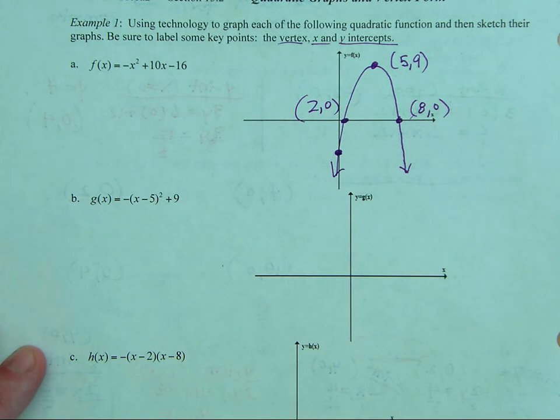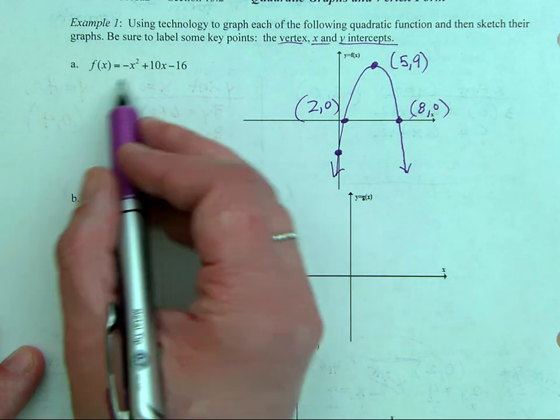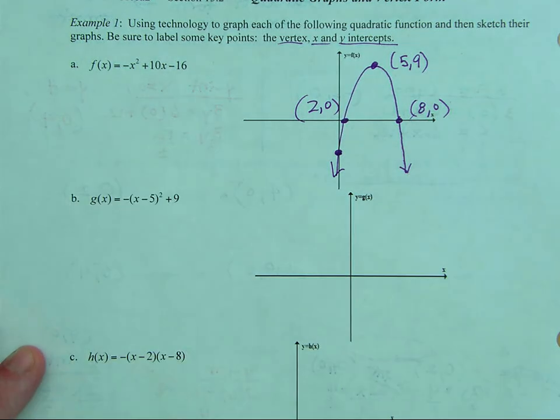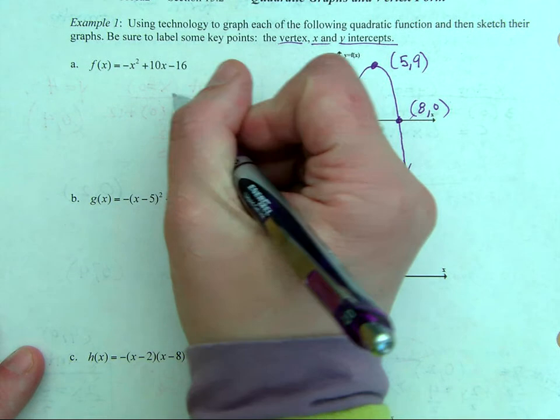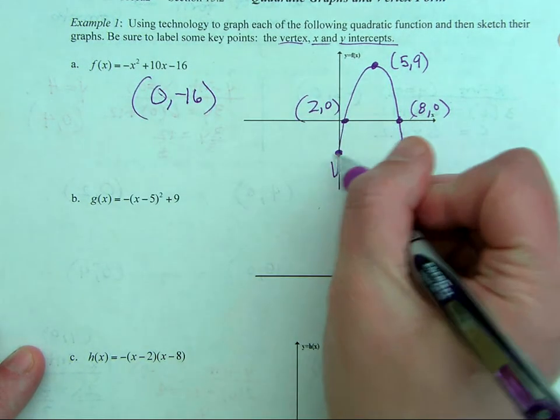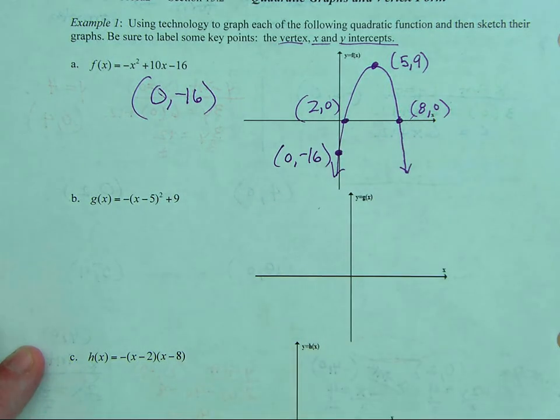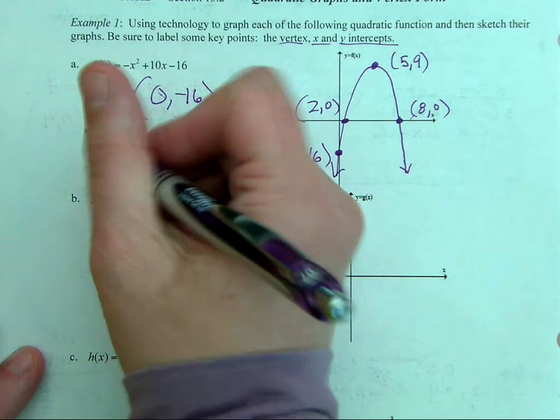And then there was a y-intercept. Does anybody remember what that y-intercept was? Well, actually, could you tell just by looking at the equation what the y-intercept would be? It would be 0, negative 16, right? Just like when we were graphing a line, what do you do to find the y-intercept?